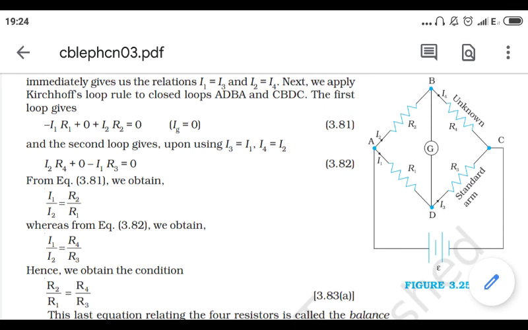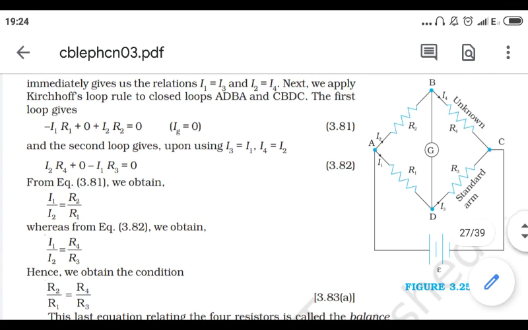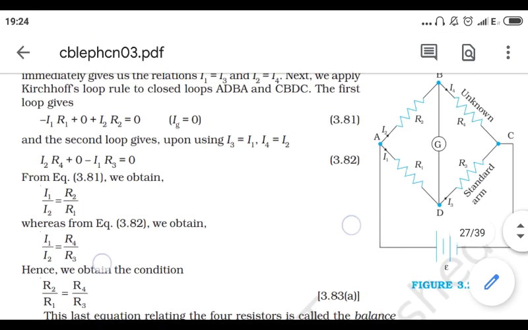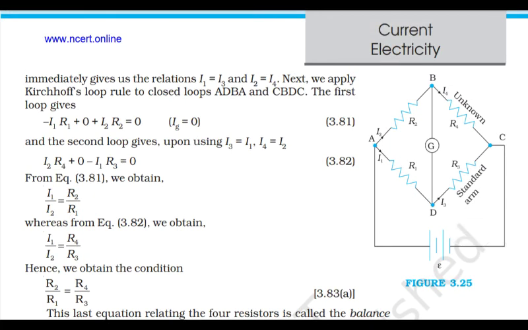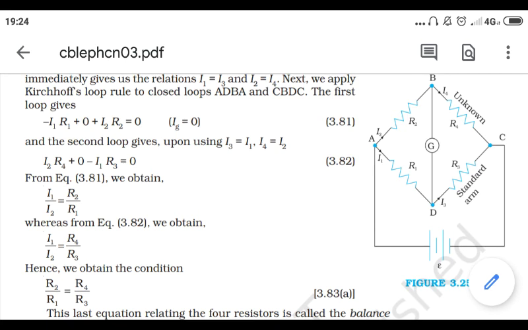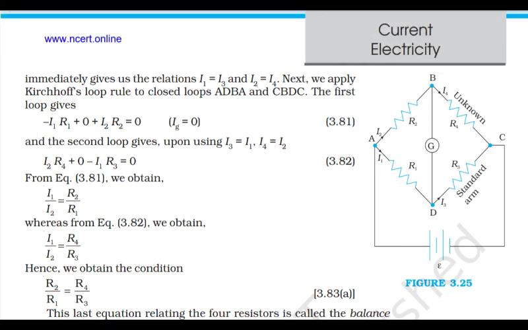So once we put the value of equating the two, equation 3.81 and 3.82, what is left? In the first, from 3.81, you can see if we transpose the negative I2 R2 to the other side, we will find I1 R1 is equal to I2 R2.